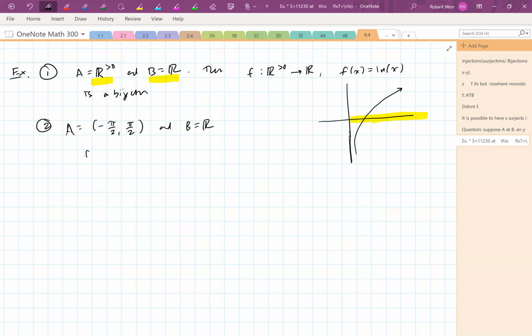And let's define a function f from A to B by f of x equals the tangent of x. This function from negative pi over 2 to pi over 2 looks like this. It's increasing, therefore it's injective.